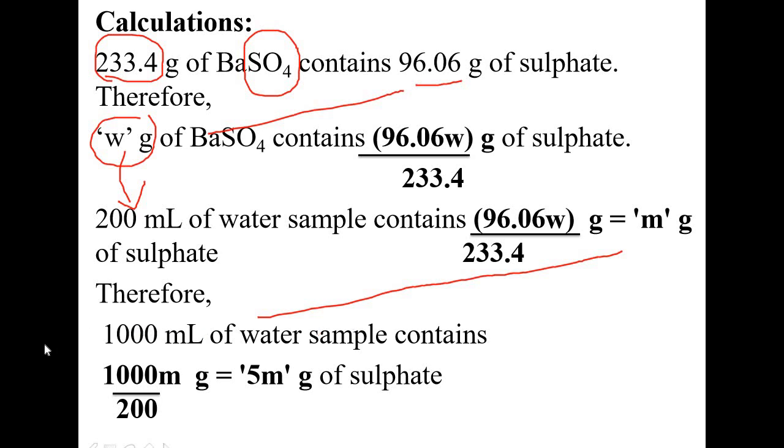Only 3 steps. You have to take the water sample, precipitate all the sulfate ions as barium sulfate, note down the weight of barium sulfate, and knowing the weight of barium sulfate, find out the amount of sulfate present in the water sample. I think I have made all the points very clear to you.